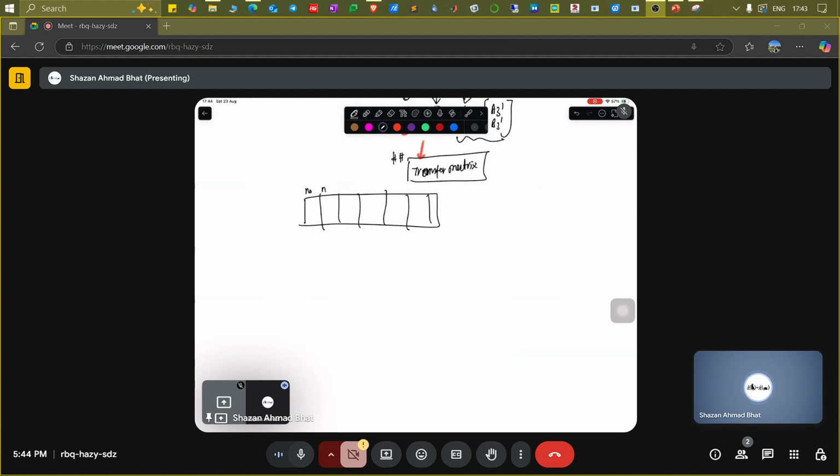Now, in general, you can write, for n number of layers, let's say this is n0, n1, and so on up to nn, and this is ns.